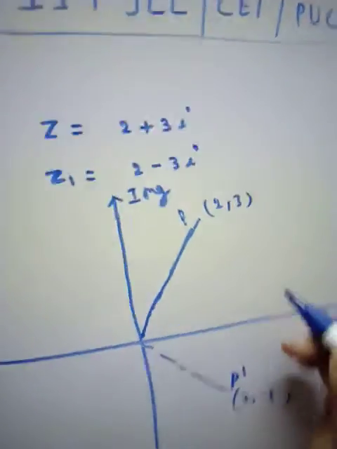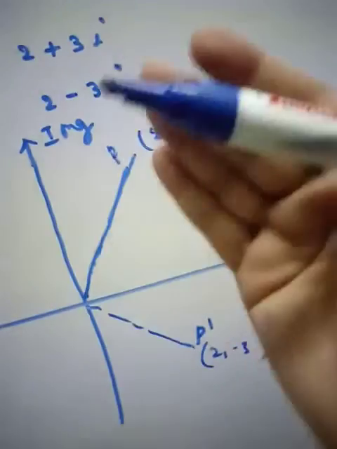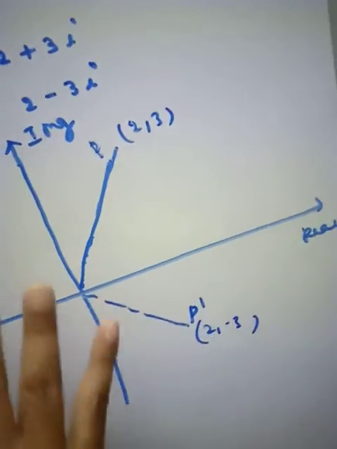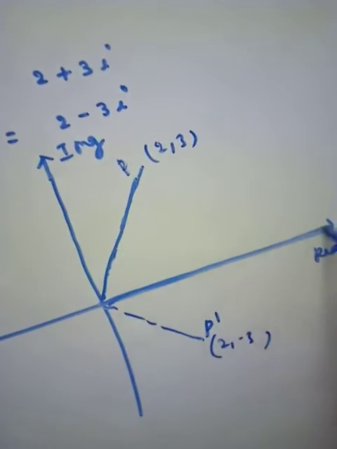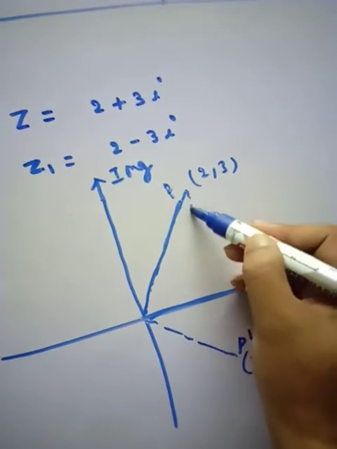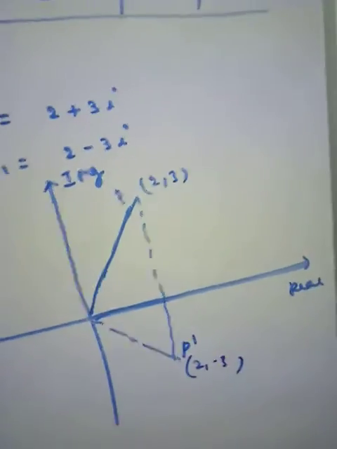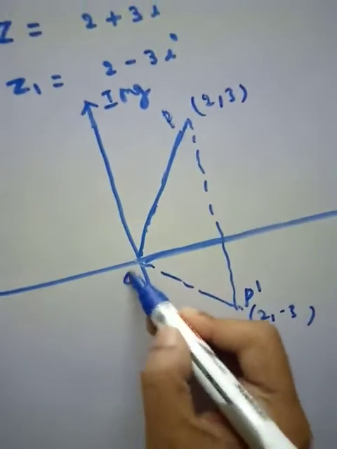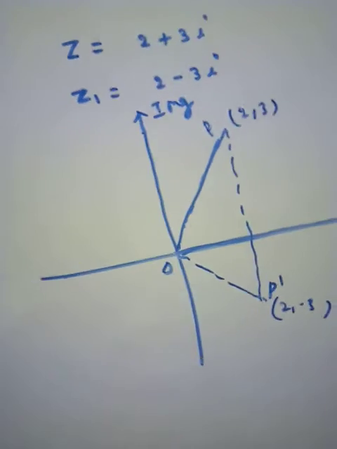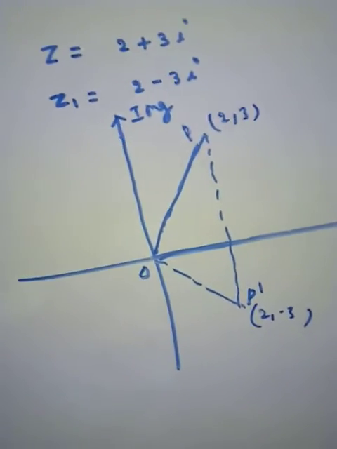How did we get this point? The mirror image is with respect to this axis. Now how do we find the sum of these two numbers, the complex number made by the addition of these two numbers?